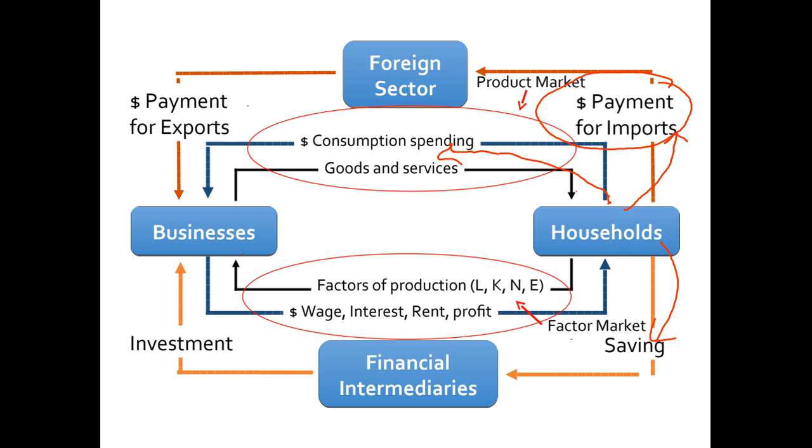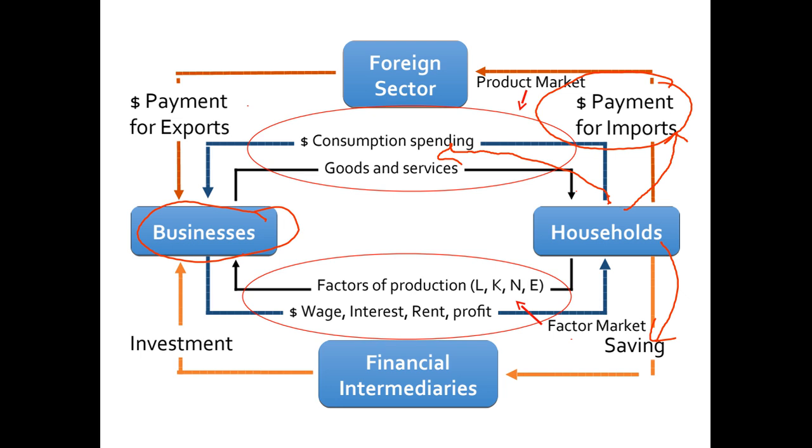On the other hand, the business sector, if it is unable to sell all its goods and services to domestic consumers, might also sell goods and services produced domestically to the foreign country, or to the foreign sector.